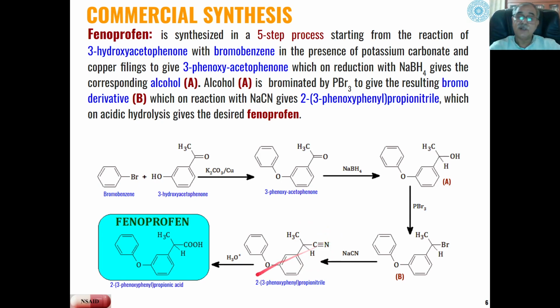And when we hydrolyze this nitrile under acidic medium, this nitrile will first be converted into amide, and then the amide will further hydrolyze to carboxylic acid, and we will get fenoprofen as the product. So this is how in a 5-step process we can synthesize fenoprofen from bromobenzene and 3-hydroxyacetophenone.